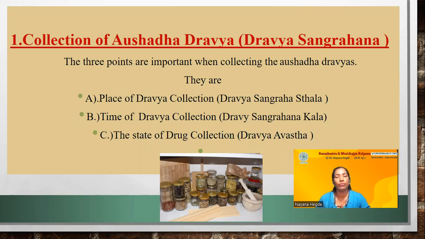Second is time of dravya collection, कब हम द्रव्य को कलेक्ट करते हैं. Third one is state of drug collection, कौन सी अवस्था में कौन से ड्रग को हमको कलेक्ट करना चाहिए, ये सब जानेंगे one by one point से.